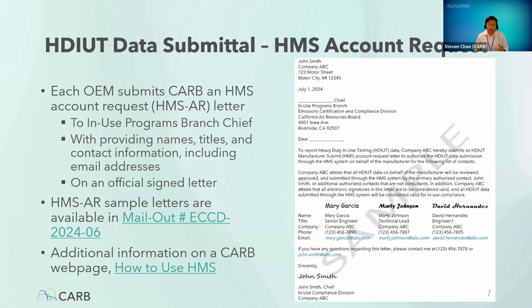The letter should contain up to 3 account holders for each manufacturer with their name, title, and contact information. Further details can be found on the mail out sent in late May, reference number ECCD 2024-06. It's also linked in the how to use HMS webpage.